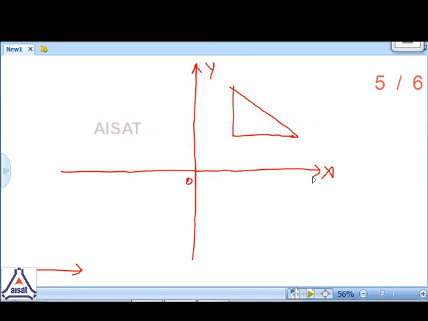The reflection about x-axis means, suppose we are putting a mirror here, then we will get a mirror image on that mirror. So, the reflection about x-axis means the mirror image of this object, and it will be like this.